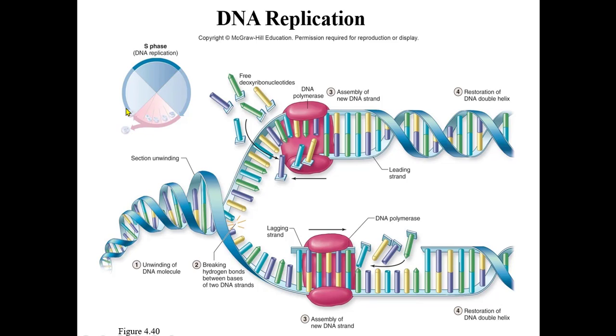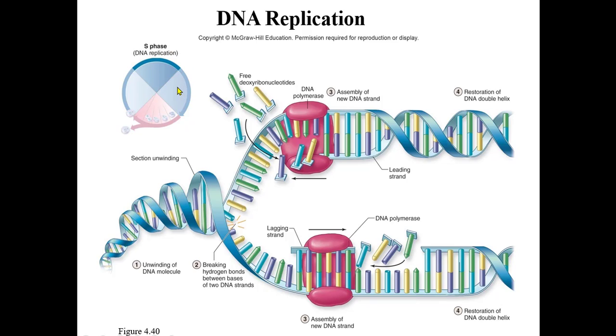So if I were to look at only the blue, I have G1, I have S, and I have G2. That makes up interphase, everything in blue. Then down here would be the mitosis. Now G1 is growth 1, getting all the materials ready that I need for S. S is where DNA replication occurs.